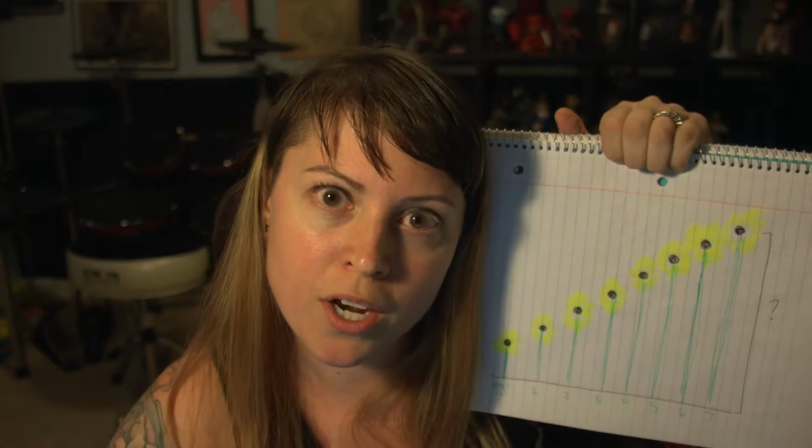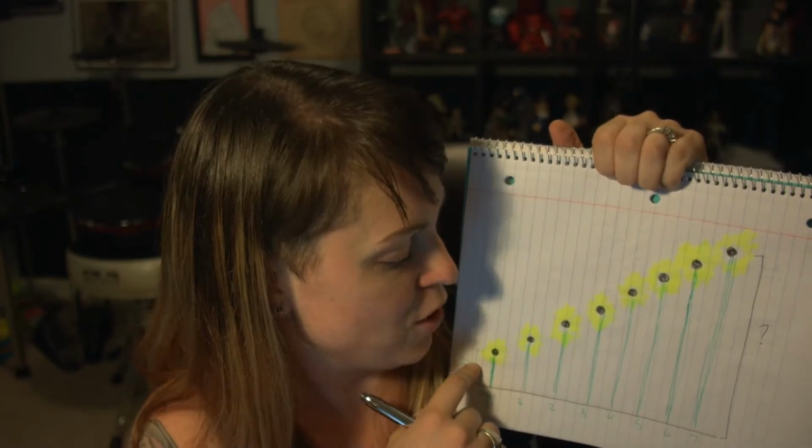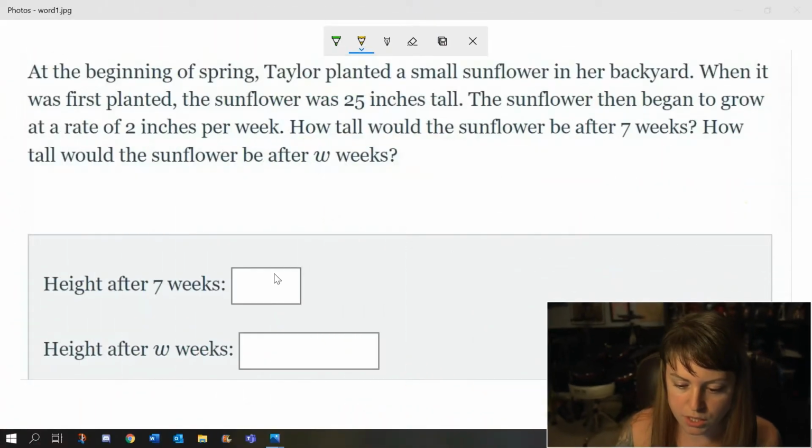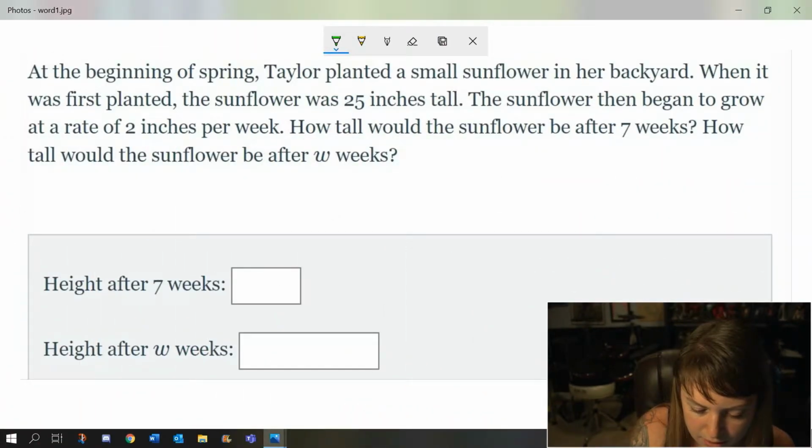Hey, you guys, you see something cool? It's a line! What? No wonder we've been doing lines for so long. So this is just a slope-intercept problem. And we just need to know what does it change by and what does it start with. So let's come back to our problem. All right, so we've got 25 inches tall.